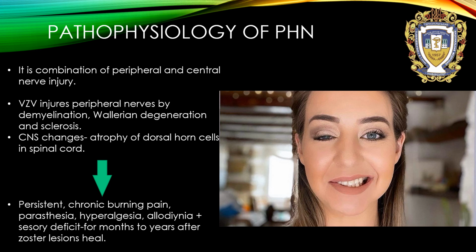And it leads to persistent chronic burning pain, paresthesia, hyperalgesia, allodynia, plus sensory deficit for months to years after zoster lesions heal.